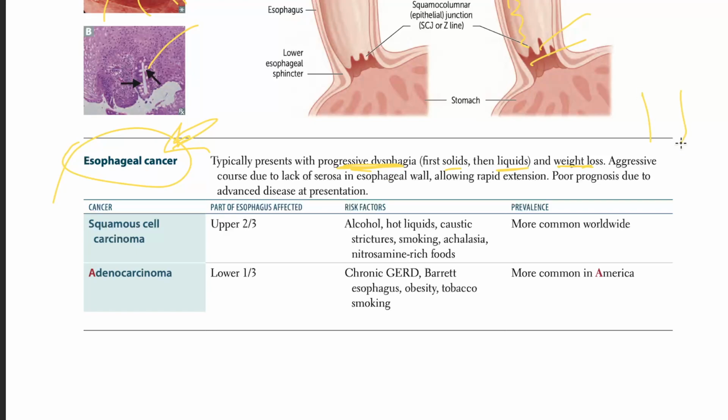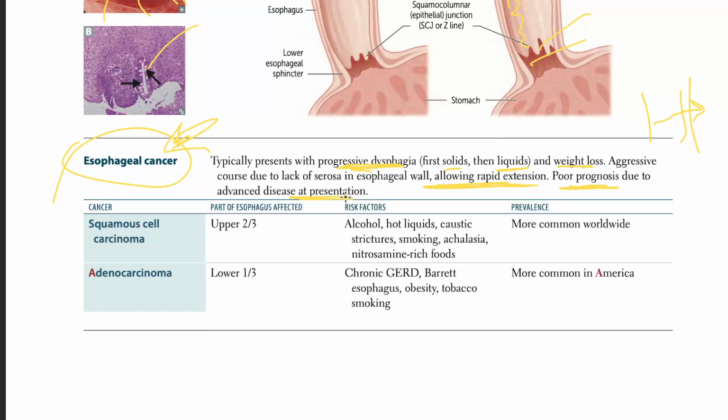So there is nothing to stop the cancer from going distant. That's why it's an aggressive course, and it's going to cause obstruction of all the other nearby structures, allowing rapid extension. Poor prognosis due to advanced disease at presentation. So you present when it has already advanced.